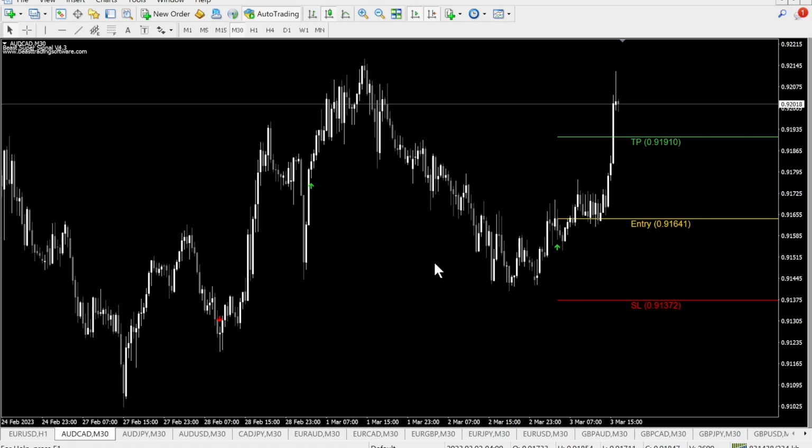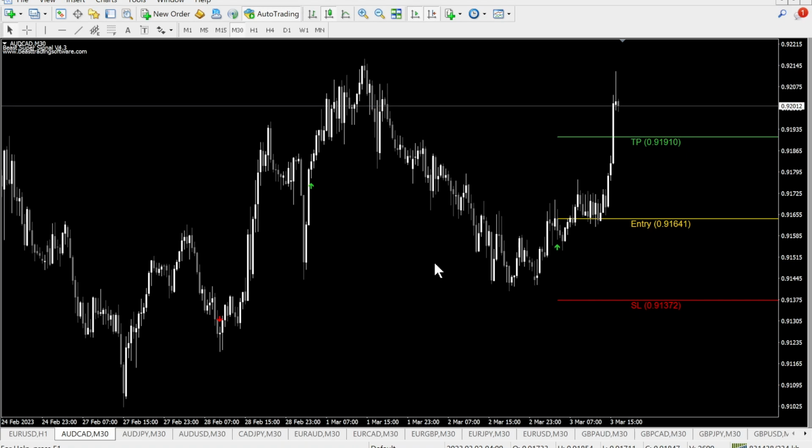These set files are provided in the private Telegram group, which all clients have access to. When you purchase one of my products, you get access to the private Telegram group where you can get these set files.